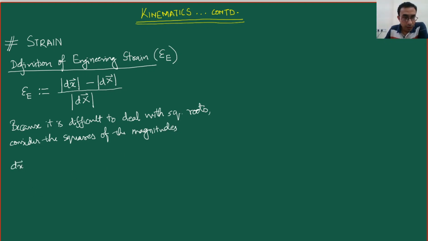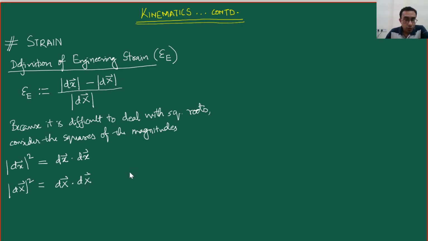The square of the small x vector magnitude, you can immediately see, is nothing but the dot product of the dx vector with itself. Similarly, the square of the magnitude of the d capital X vector is nothing but the d capital X vector dotted with itself.